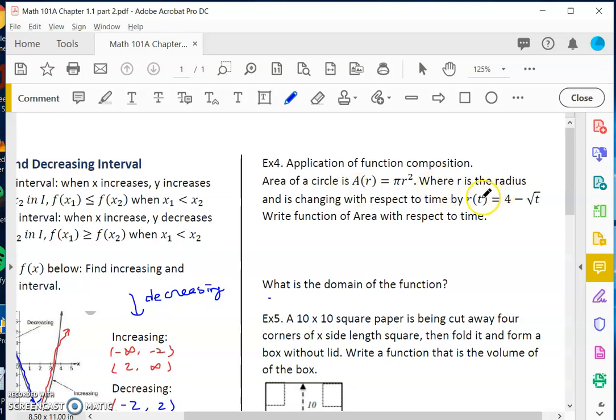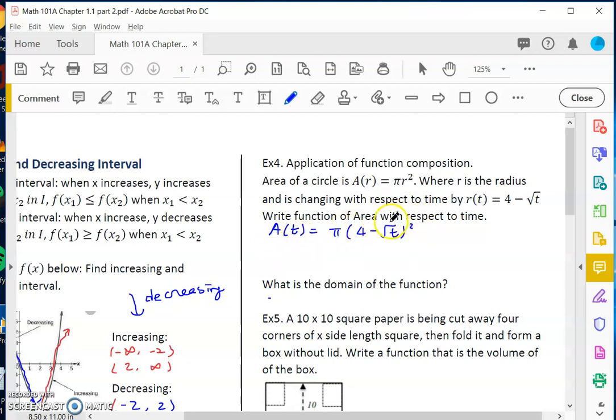At different times, the radius changes by 4 minus square root of t. So write this function with respect to time. What I'll do is A of t equals pi times, whenever I see r, I plug in (4 minus root t) squared. So this would give me the area at different times.